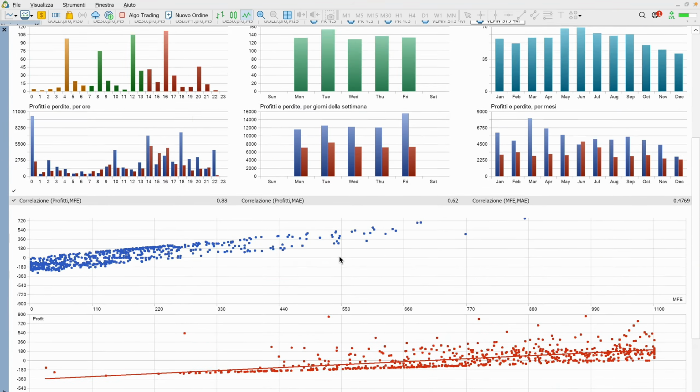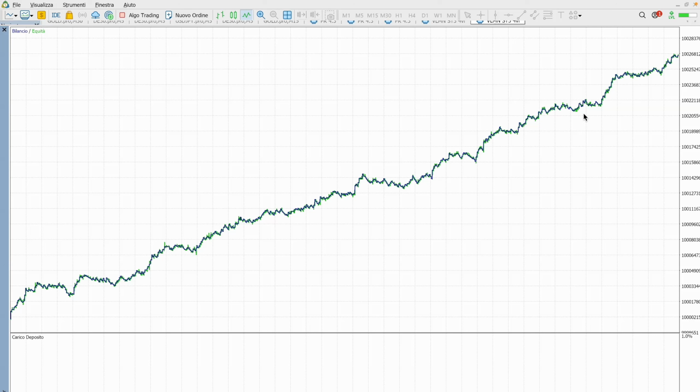This is the overall performance, and this is from 2020. I started from 2018. The testing data, so the in sample, goes until I think the end of 2024, like here, and then the out of sample data were from, let's say, end of 2024 till now.